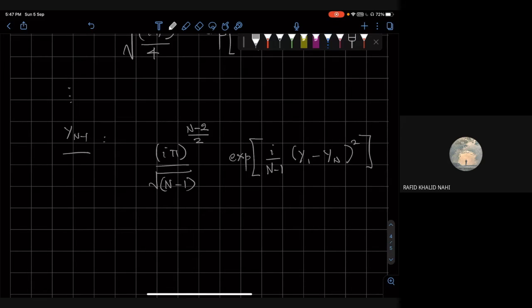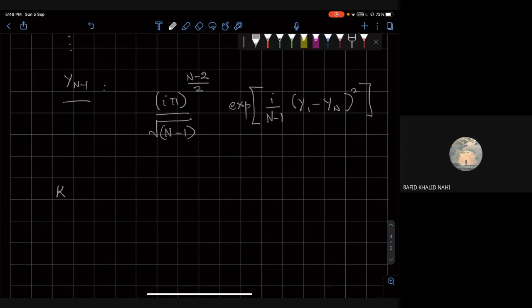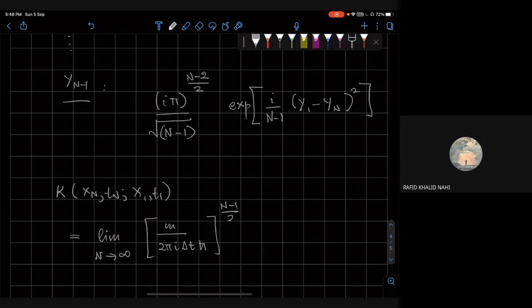Now let's put it back into the expression for the propagator, which is <x_n, t_n | x_1, t_1>. Of course, I keep switching between k and the bracket notation. And here we have a limit, n goes to infinity. Before we had m divided by 2 pi i delta t h bar to the power (N minus 1) by 2.